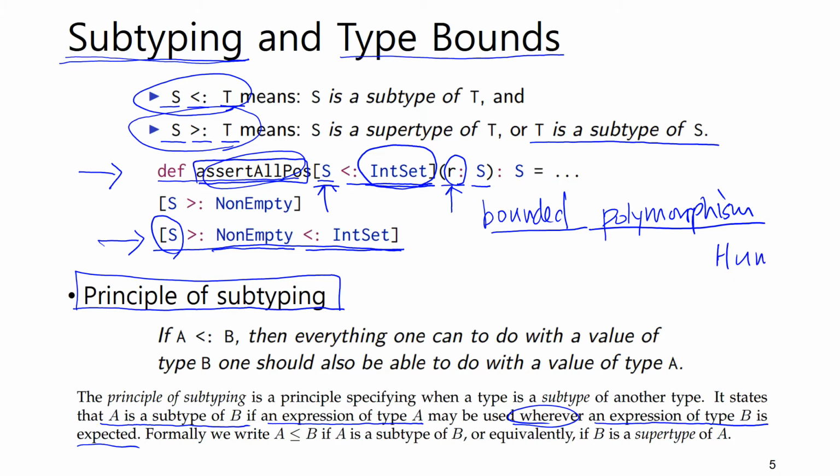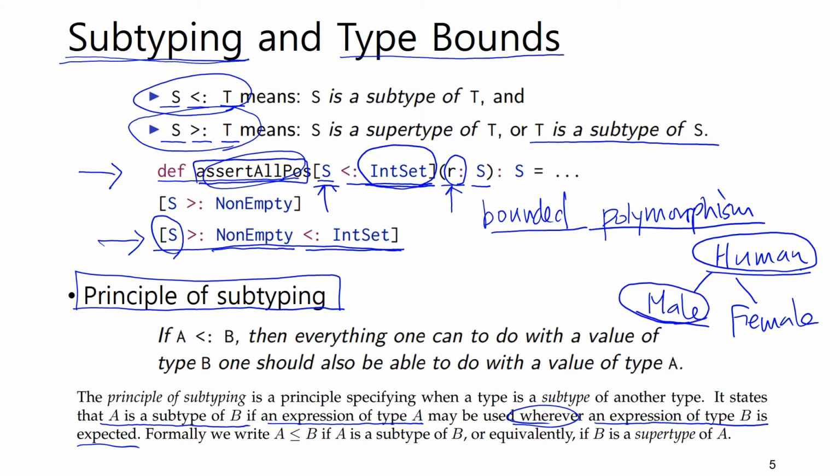We have a human type, and we have, say, a male type and a female type. We can say male is a subtype of human because whenever a human is expected, we can just provide a male. And similarly, female is a subtype of human because whenever a human is expected, we can provide a female instead. So therefore, female is a subtype of human.